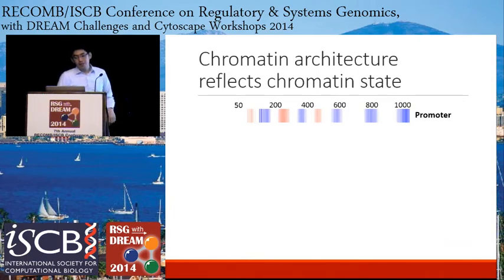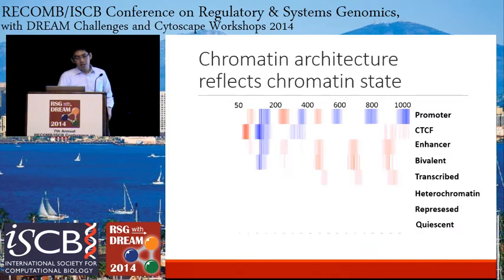Looking at the other states, we see that the different chromatin states are associated with maybe subtly different fragment length distributions, and this suggests that the architecture at these different regulatory elements reflects their state.